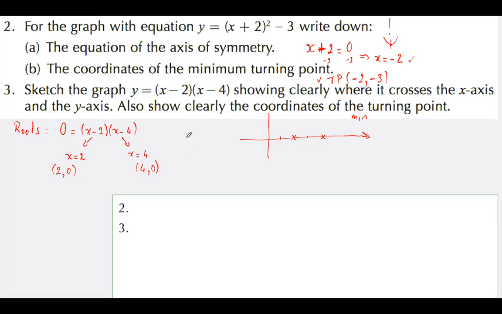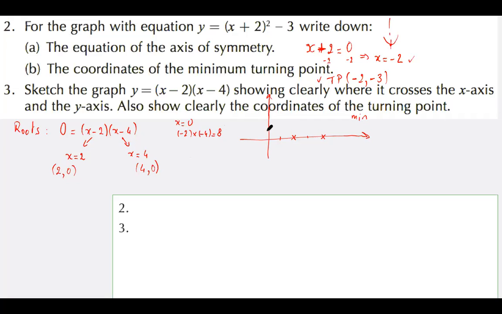So we will cross the y-axis when x equals 0. So if you get x equals 0, you get -2 times -4, which is +8.